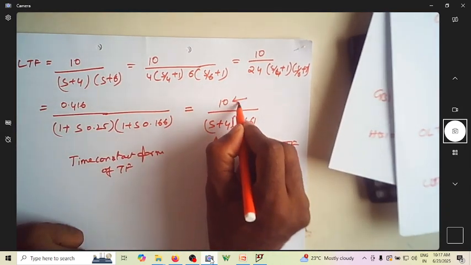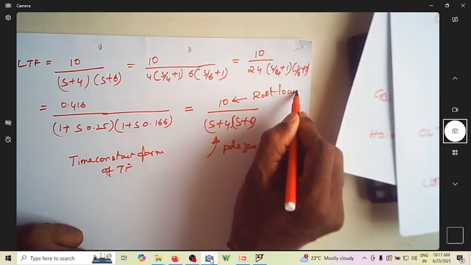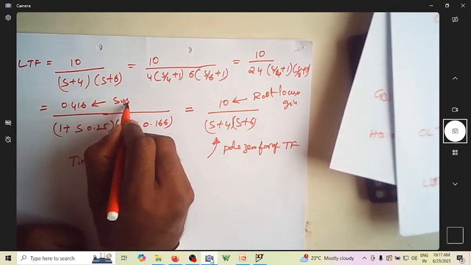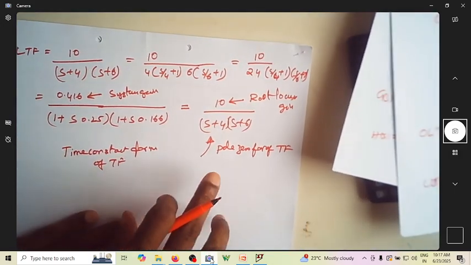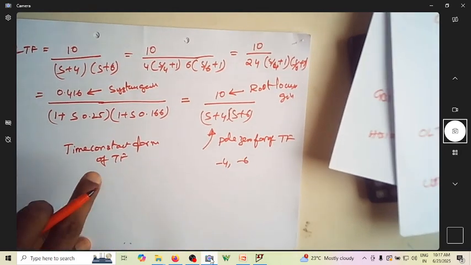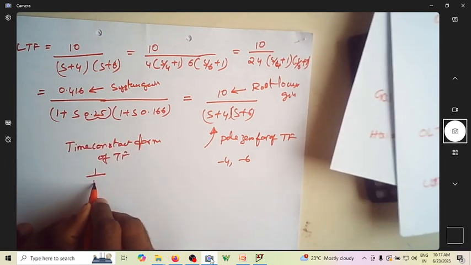So we know that this is called the root locus gain, and this is called the system gain. Where is the pole position of this one? It's at -4 and -6. Where is the pole position of this one? It is nothing but 1 over tau.